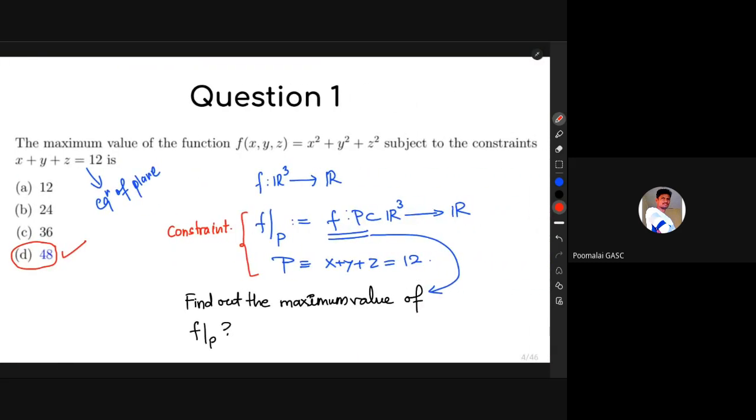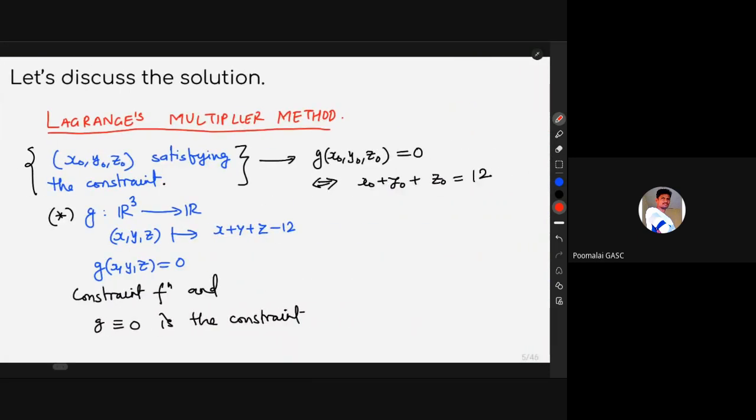So in this question, you need to find out the maximum value of this function subject to the constraint x plus y plus z equal to 12. Now this constraint is the equation of a plane. So the method to solve this question is to use the Lagrange multiplier method. So for that, we first identify what is the constraint.